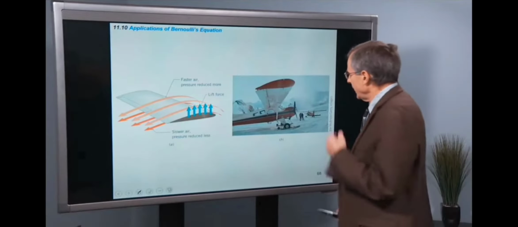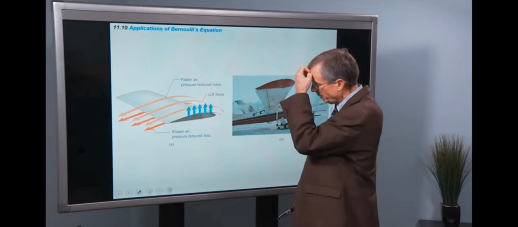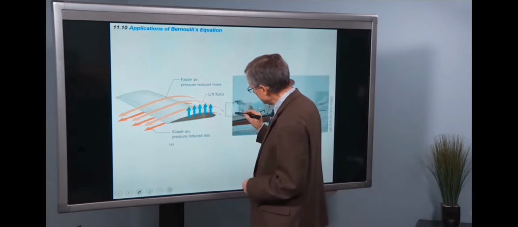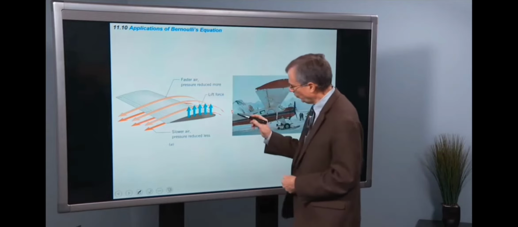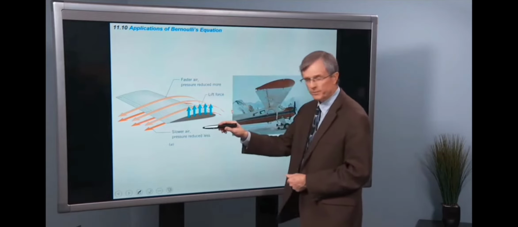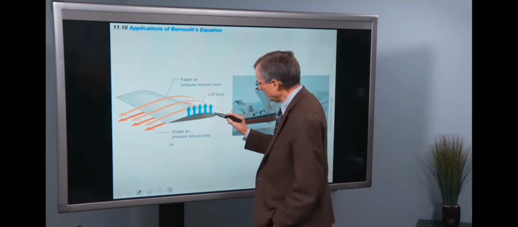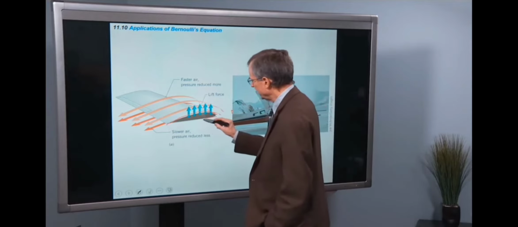This is the way airfoils work. What happens in an airfoil is that two air molecules, one that ends up going above the wing and the other one that goes below the wing, the one that ends up going over the wing travels a farther distance than the one that's below the wing.